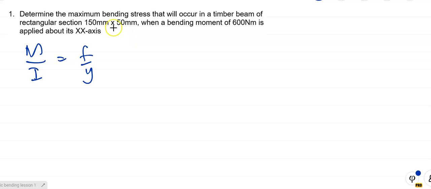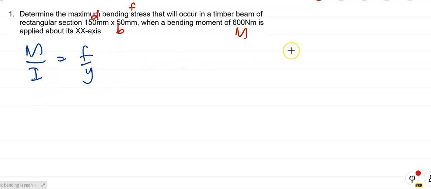Determine, so we need to find F. That's the question. That is D over there, and that's B there, and that is M over there. Right, so let me draw it out.